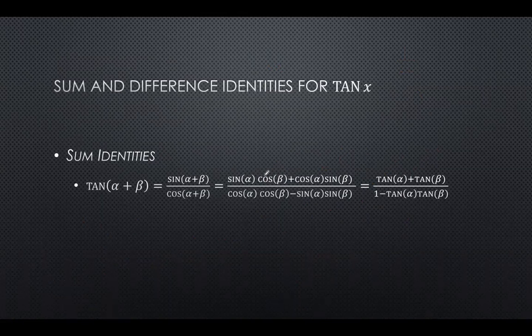From here, if we divide by cosine of alpha times cosine of beta on both sides of the fraction, we end up with 4 fractions. Each of the 4 terms becomes a fraction over cosine alpha times cosine of beta.